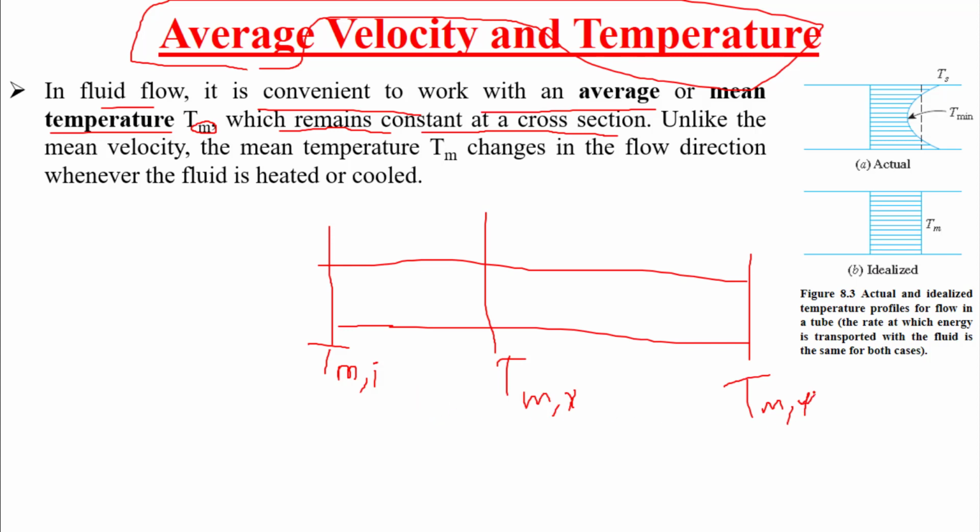So this is T mean at the exit, I can write it T mean at L. Here T mean at x equal to 0. Here at any x. So it remains constant at a cross section, only at a certain location. This is the meaning of this sentence. So T mean remains constant at a cross section, not along the pipe, okay?